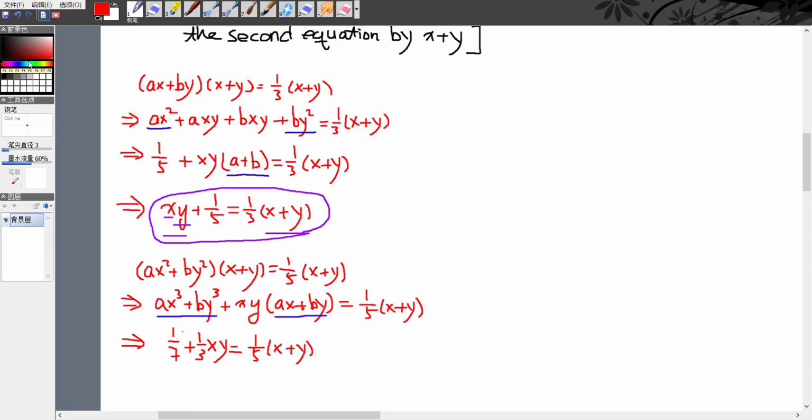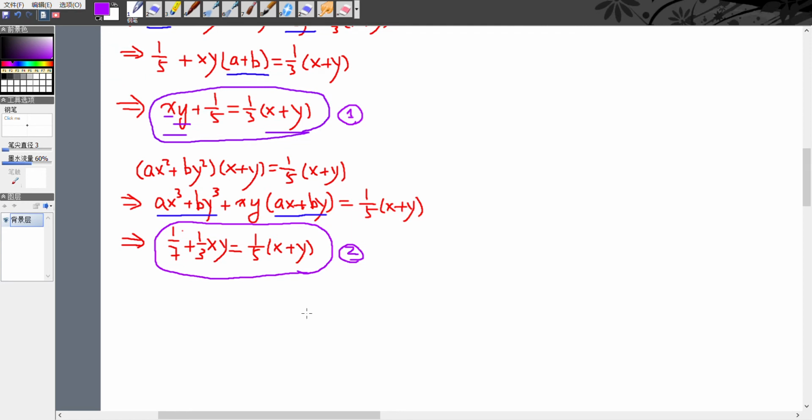So here we have another equation that has the terms xy and x plus y. I will name this as equation 1 and this as equation 2. And then we can solve from these two equations the values of xy and x plus y. And after we get those two, we can solve x and y individually.